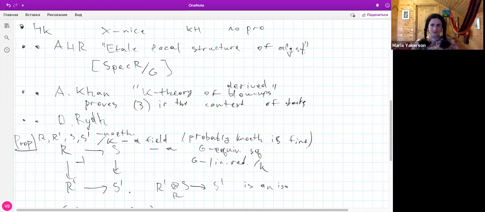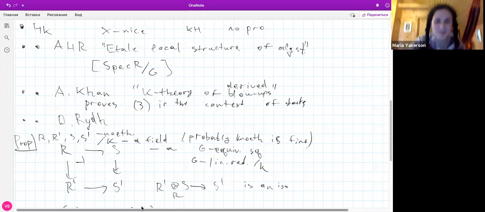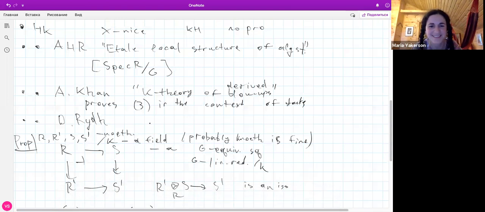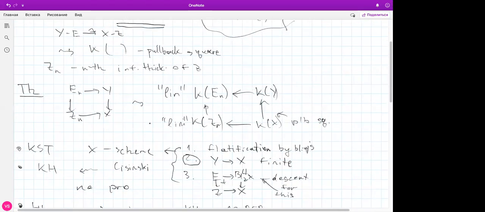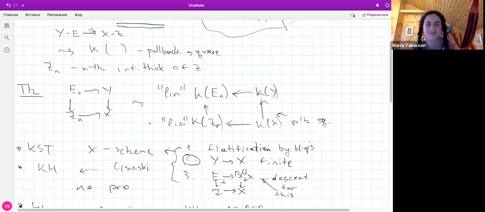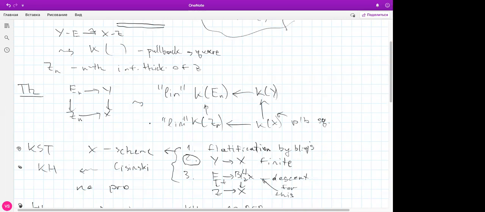So I would ask Tom, but I'll ask you too. So what is properness when you speak about stacks? Well, you can define it locally. So you take any cover by scheme and look at the pullback, and it should be a proper map of schemes. I think this would work.